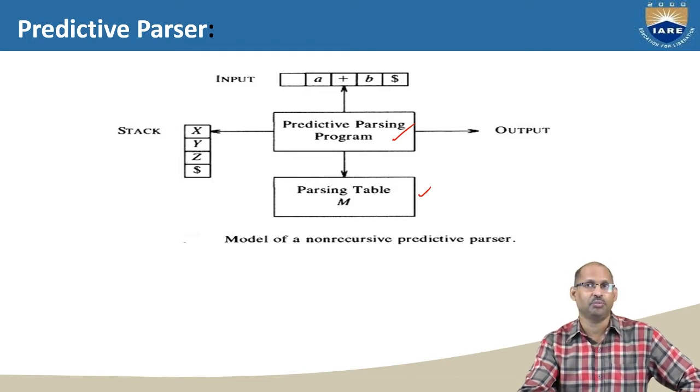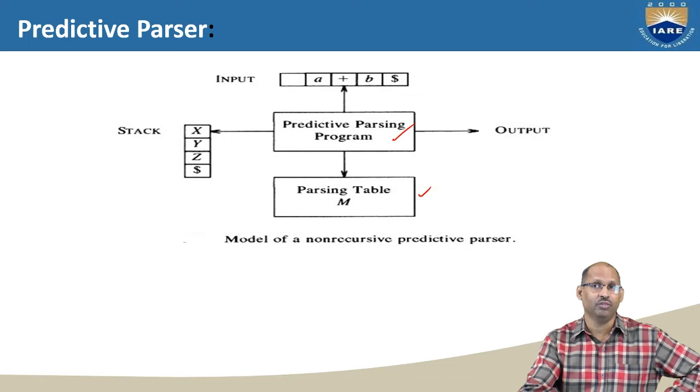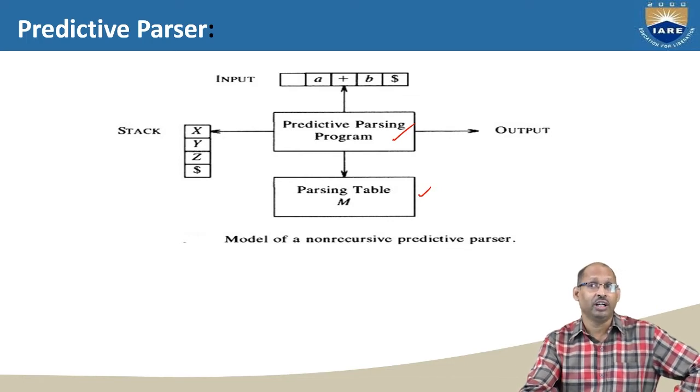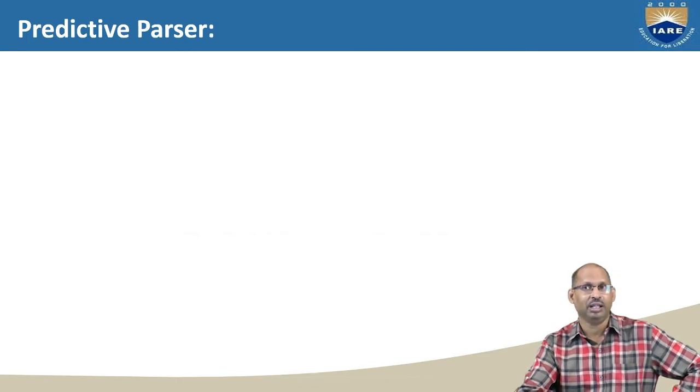In the parsing table, it will have a production for the combination of the non-terminal and terminal. By using that, it will perform the operation. And finally, it gives the output: is it accepted or not?